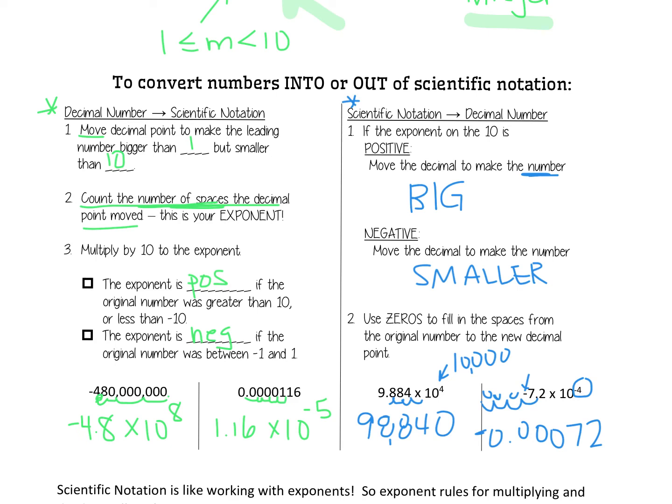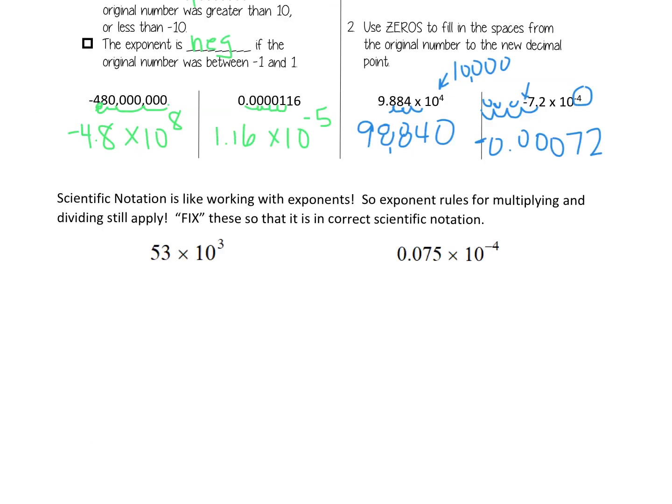Now let's look at making sure numbers are in scientific notation correctly. These last two examples are almost like scientific notation. They're close. I will remind you that scientific notation is like working with exponents, so those exponent rules still apply. We have this 53 times 10 to the third, which is almost scientific notation.